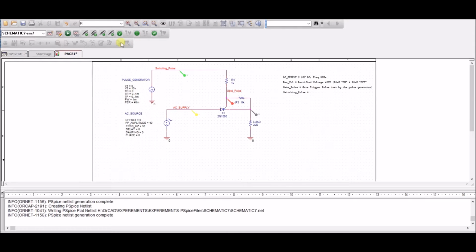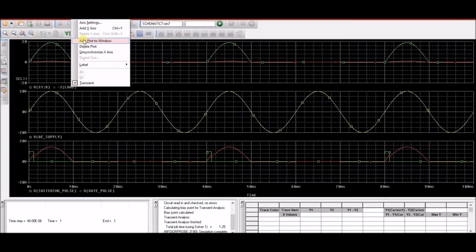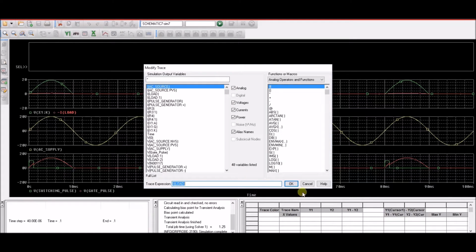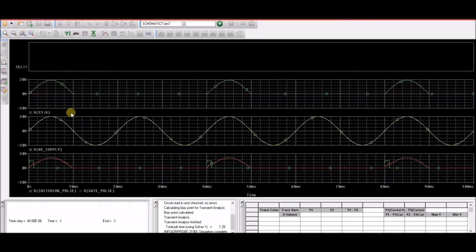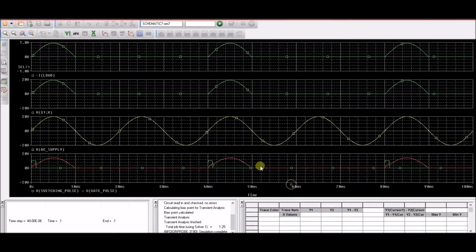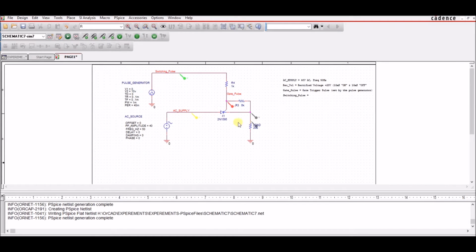So we'll put a current probe here at this load, and see the current probe that we have put at the load is basically at the pulse part and how it behaves.